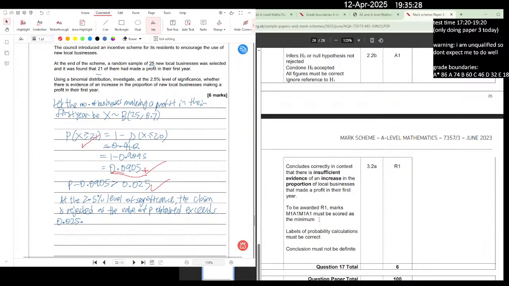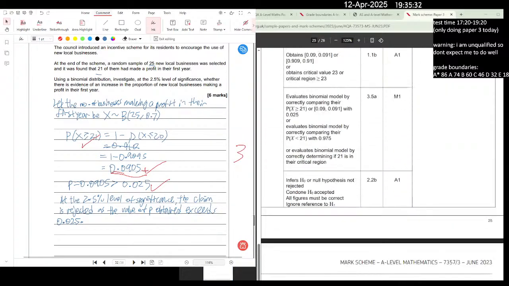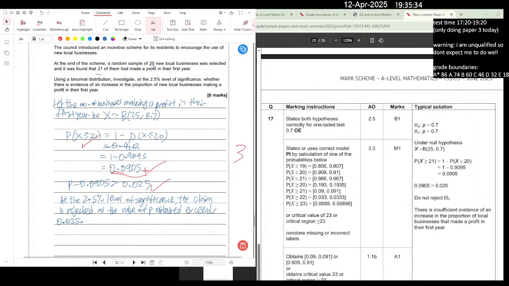Oh, and well, okay, yeah. Okay, I got 3 at least, but I needed to state that null hypothesis p equals 0.7 and an alternate hypothesis is p is more than 0.7.